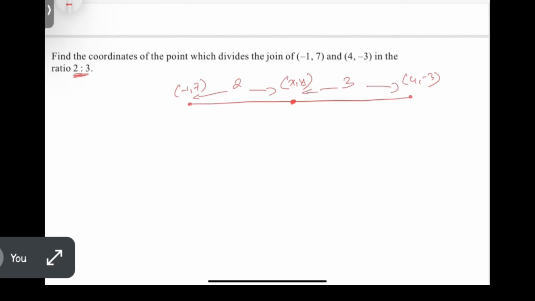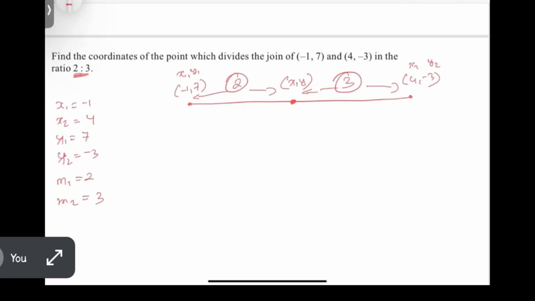X1 is minus 1, x2 is 4, y1 is 7, and y2 is minus 3. This is x1 y1, and this is x2 y2. M1 is 2 and m2 is 3. The first one is m1 and this one is m2. We can name it likewise.